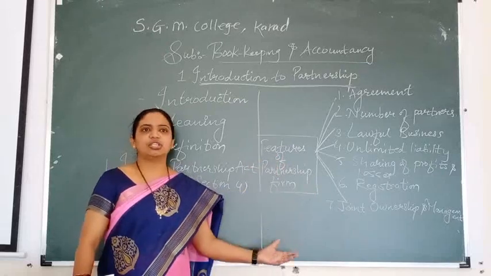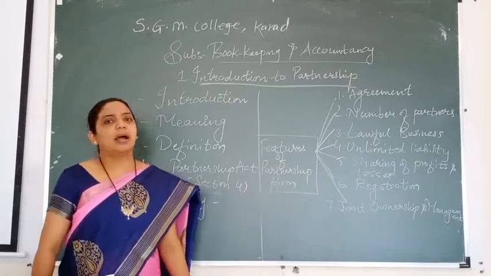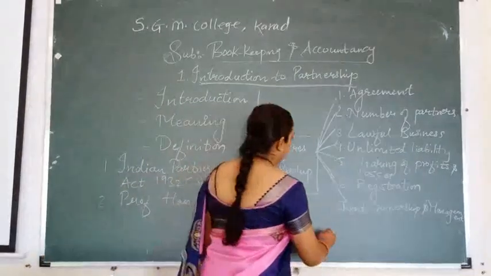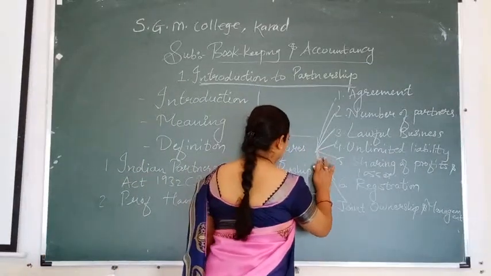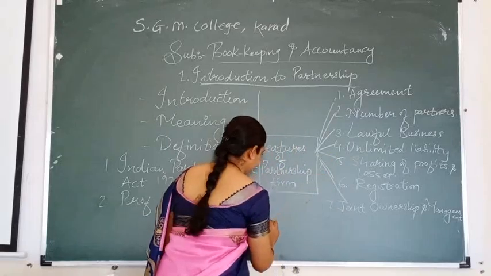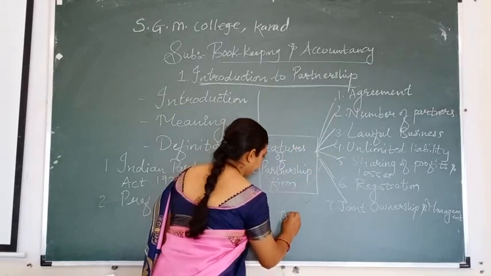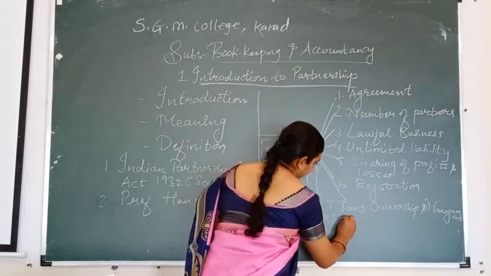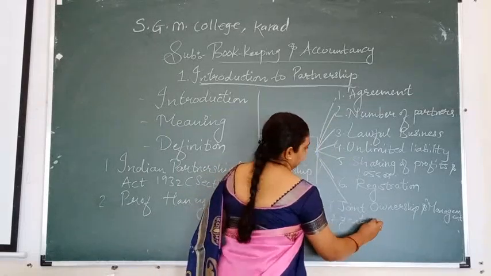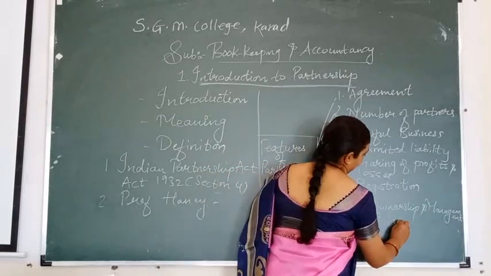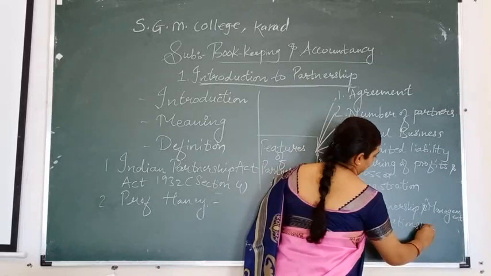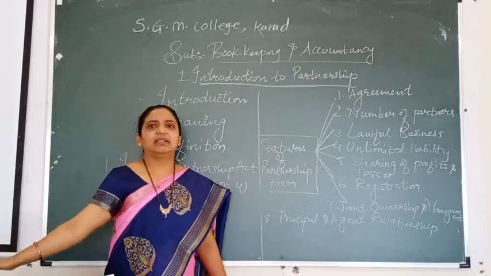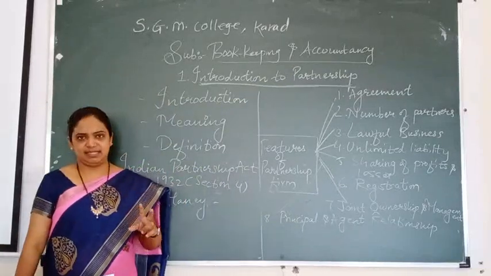With the help of features, you come to know more and more about the partnership. Number 8 is principal and agent relationship. Every partner acts in a twofold capacity.